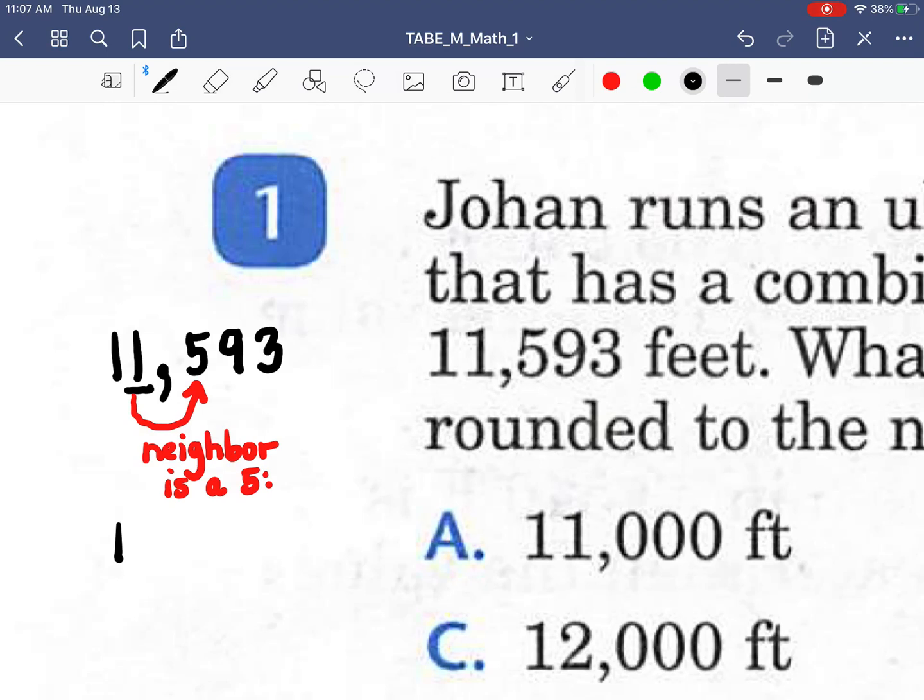Anything in front of that underlined place will stay the same. But the neighbor said to do what here? Round up. So this becomes a 2, and this rounds off. It zeroes out.